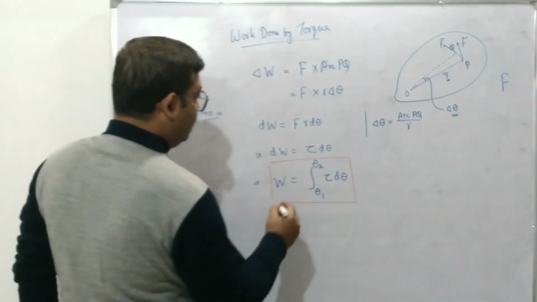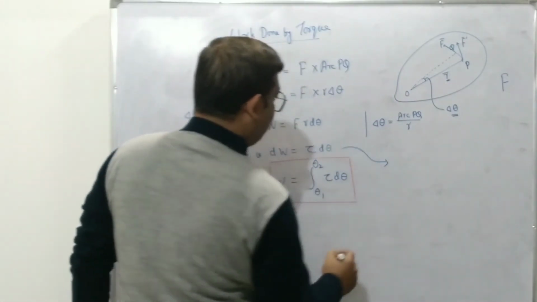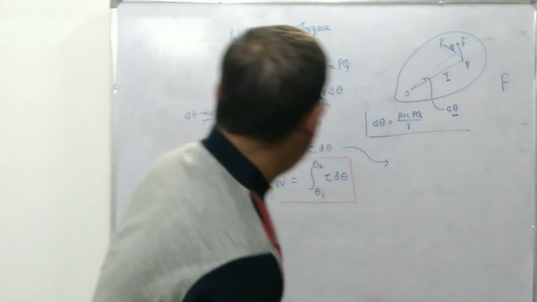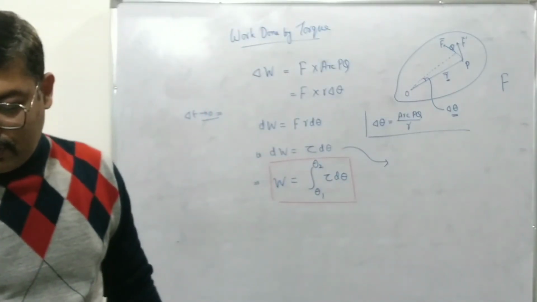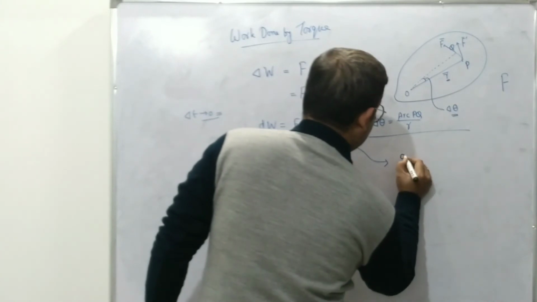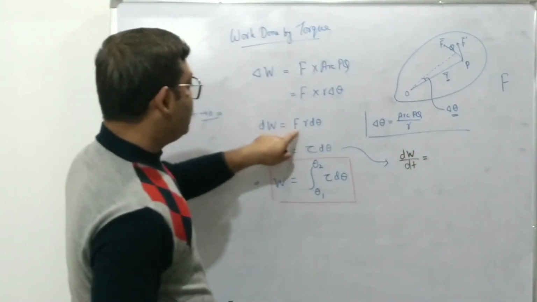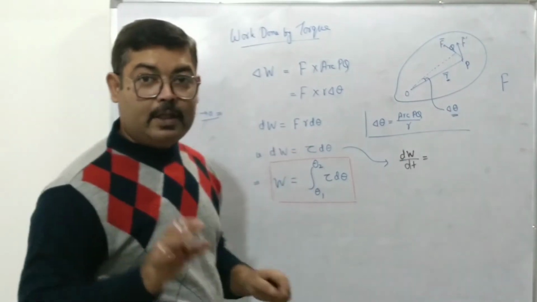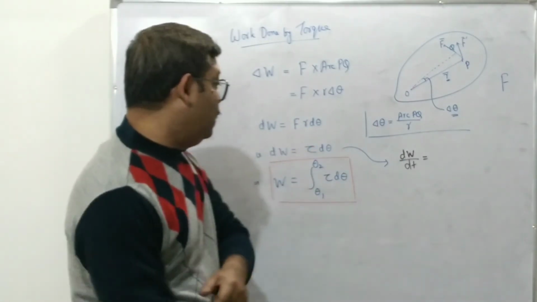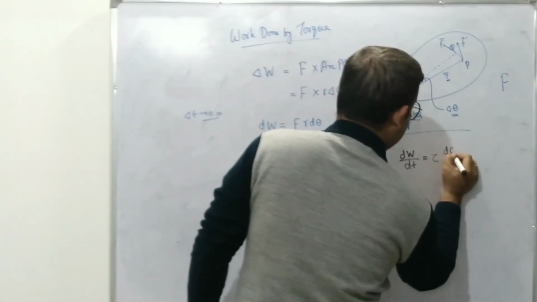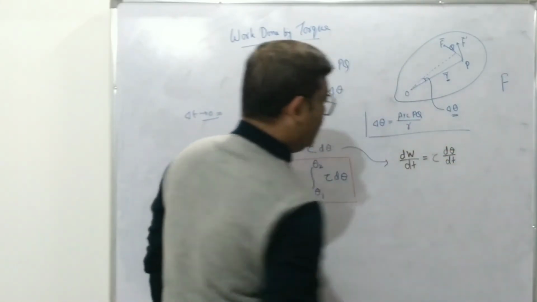Also, from this expression, dW equals tau d theta. If we differentiate both sides with respect to time, what do we get? dW by dt equals tau, the force into the radius vector which is independent of time, so tau will be outside, and this will be d theta by dt.